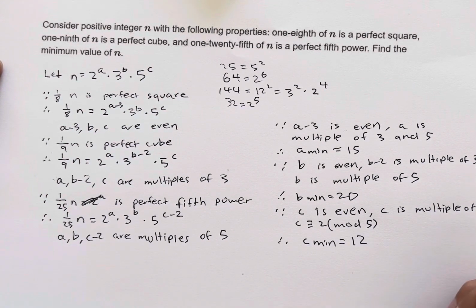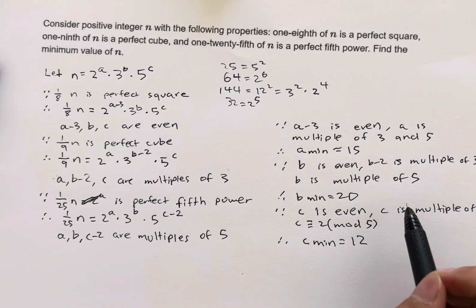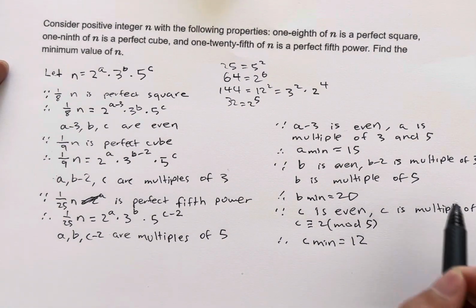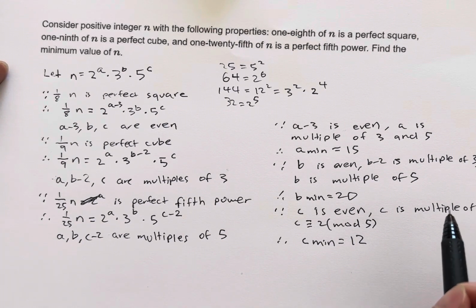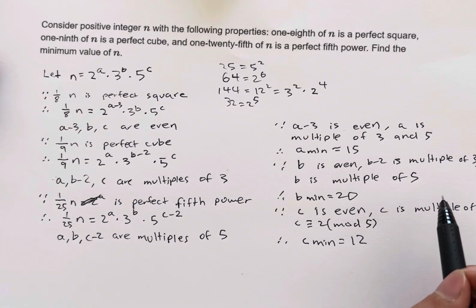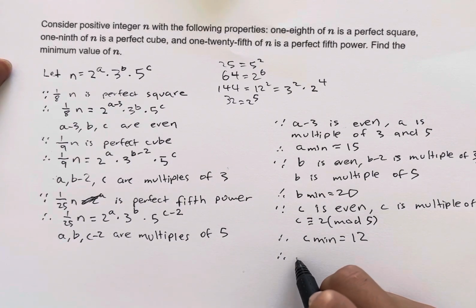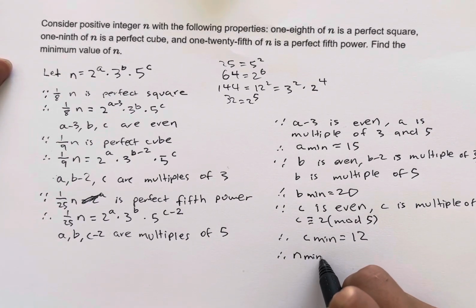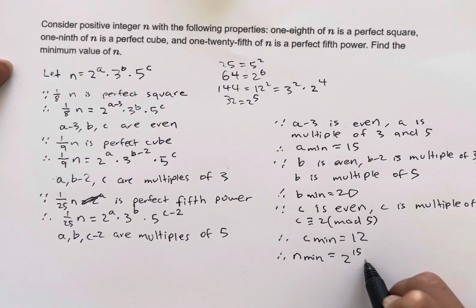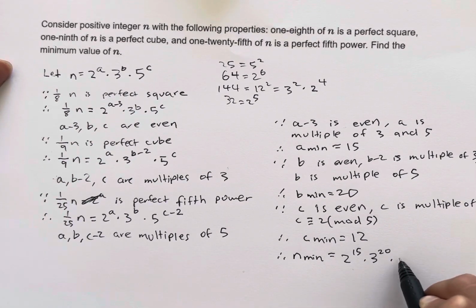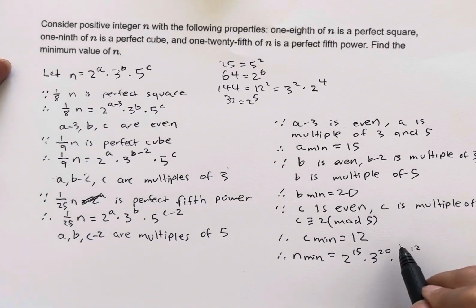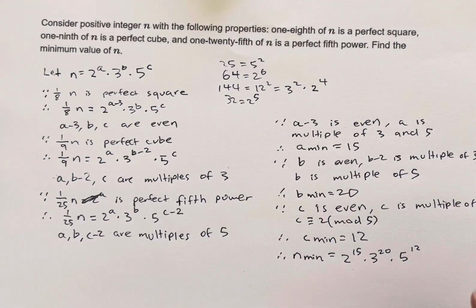Just check the values congruent to 2 mod 5. 7 is congruent to 2 mod 5, but 7 is not a multiple of 3. Now, 12 is congruent to 2 mod 5, it is a multiple of 3, and it's even. So 12 is going to be the minimum of c. Now we have a, b, c minimum. You can get that n minimum will be 2 to the power of 15 times 3 to the power of 20 times 5 to the power of 12. And that is how you solve this problem.